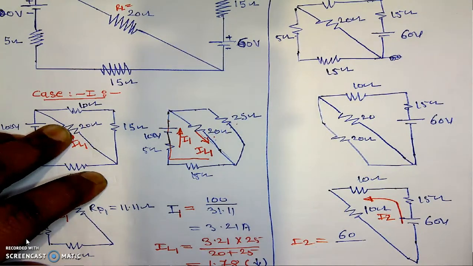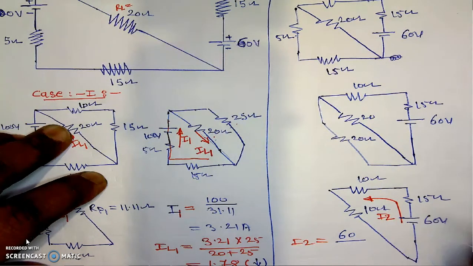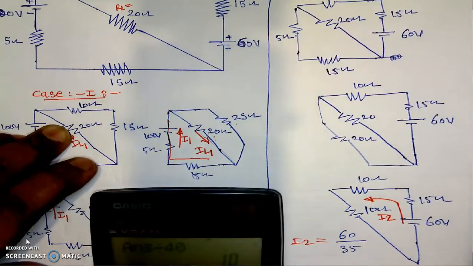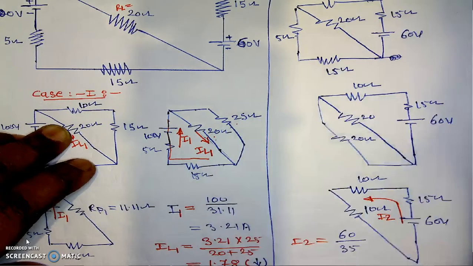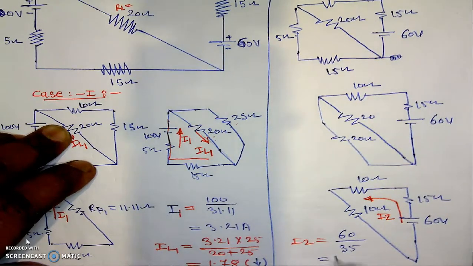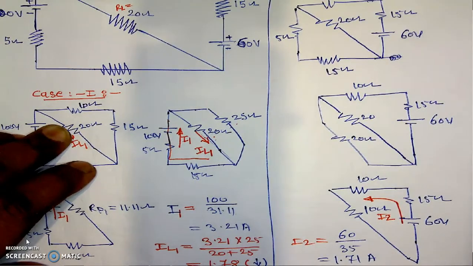Total resistance is 15 plus 10 plus this 10, means it is 20, 30, 35. This is 60 divided by 35. This I2 will be 1.71 amperes, which is the total current.